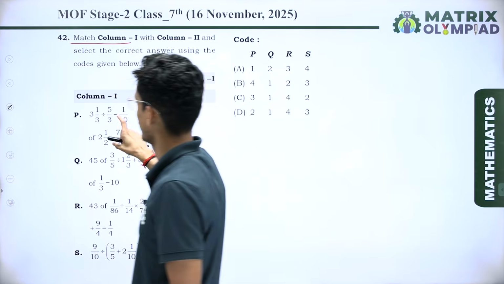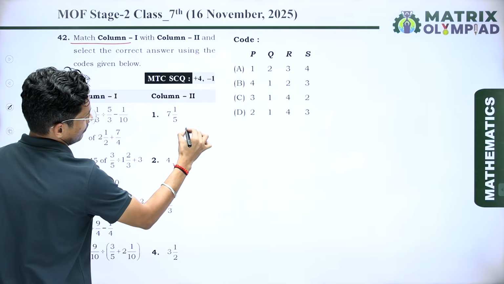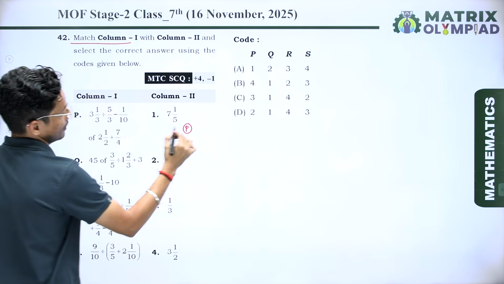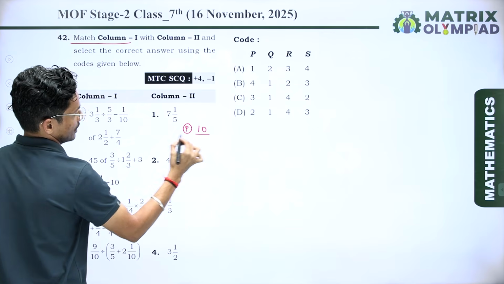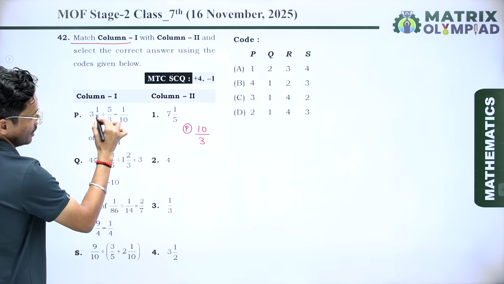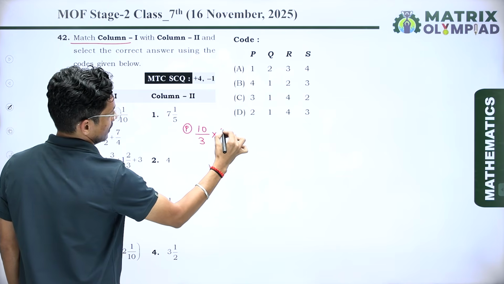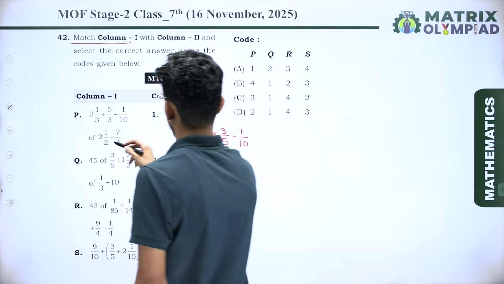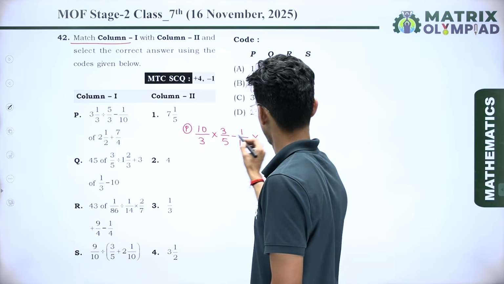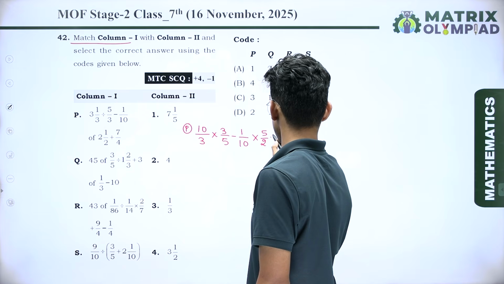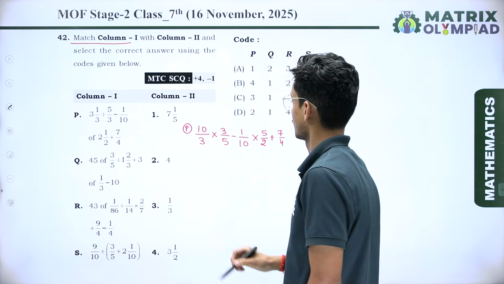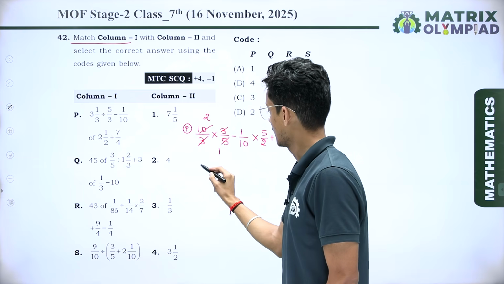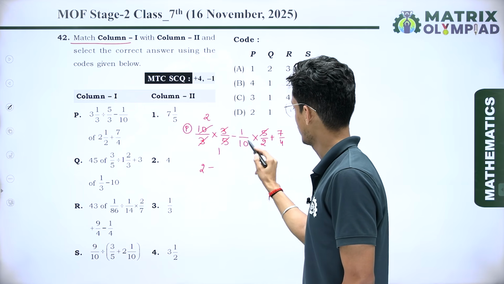So first we have to simplify column 1, and in column 1 first we simplify P. For P we know 3 3s are 9, and we convert this divide sign in the form of multiply, so I can write here again 3 upon 5 minus 1 upon 10 of, it means multiply, and 2 2s are 4 and 5 upon 2 plus 7 by 4. So 3 and 3 cancel out, 5 1s are 5, 5 2s are 10. So here I can write 2 minus 5 1s are 5, 5 2s are 10.